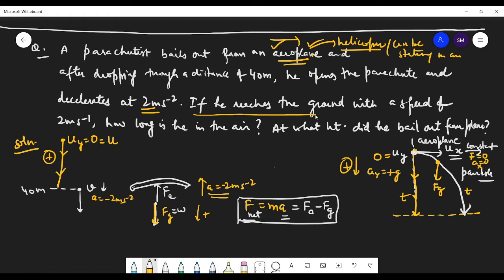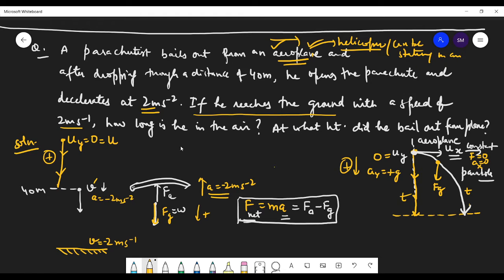He reaches the ground with a speed of 2 meter per second, so this is your ground now. Let us take this velocity as v dash. This will be our final velocity, and this final velocity is 2 meter per second. Obviously it will be negative because it's in the negative direction.